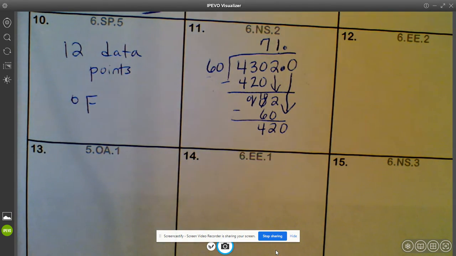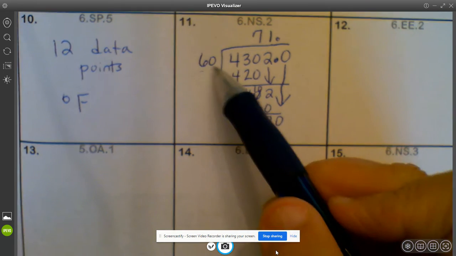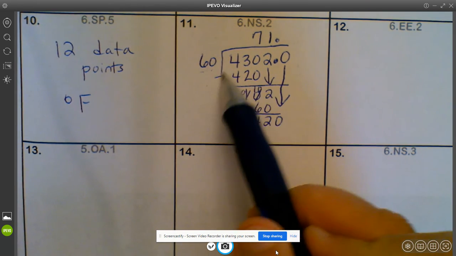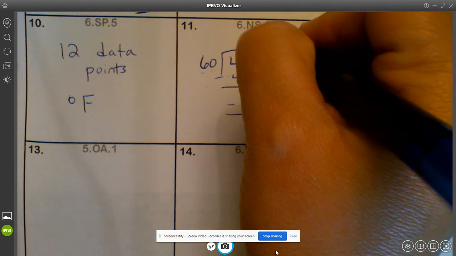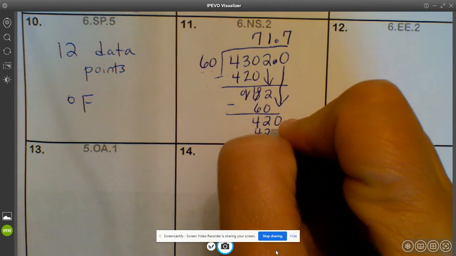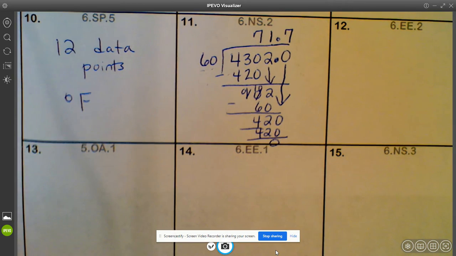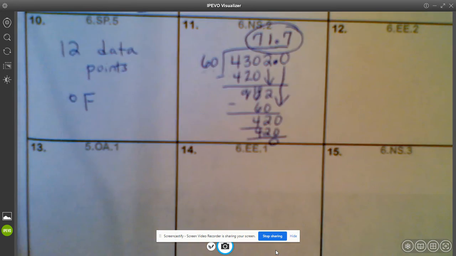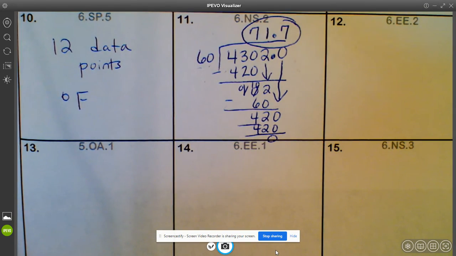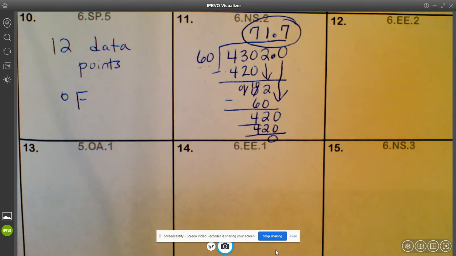And now I know this is going to work out evenly. 60 into 420. If I look back up here, 60 times 7 is 420. So I have 0 left over. 71 and 7/10 is your answer to number 11. Now, if you had 71 and 42 over 60, that is also correct, but you would need to simplify that fraction 42 over 60 because that will simplify.